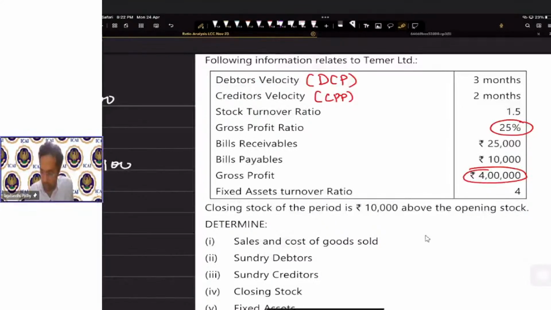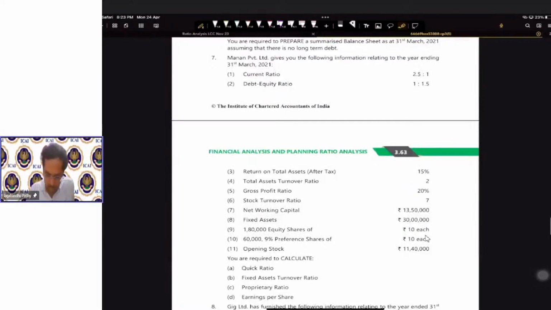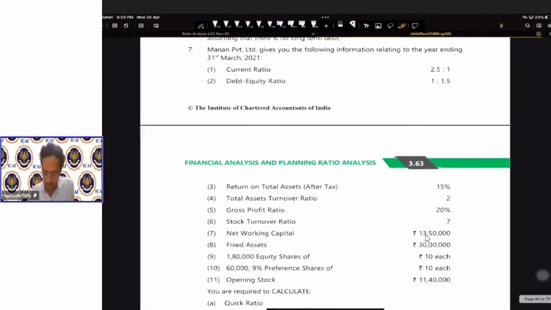Like over here, we have GP and the gross profit ratio. We connected both and then proceeded with it. Similarly, if you look at this question 7 also, there's current ratio, debt equity, return on assets, all these ratios are there. Try to connect a ratio with a pre-stated number.